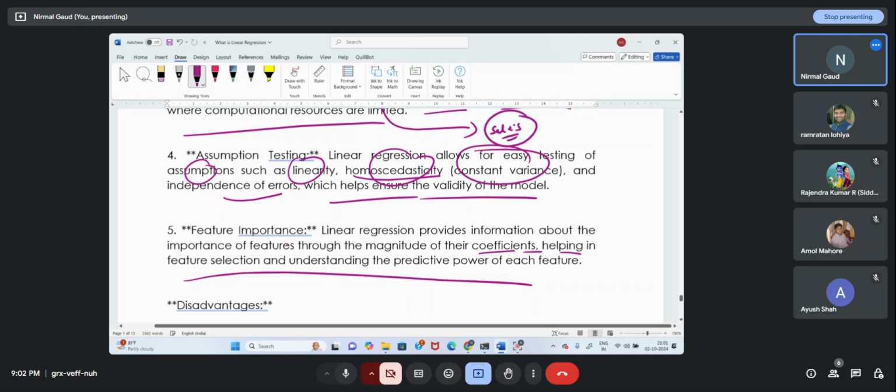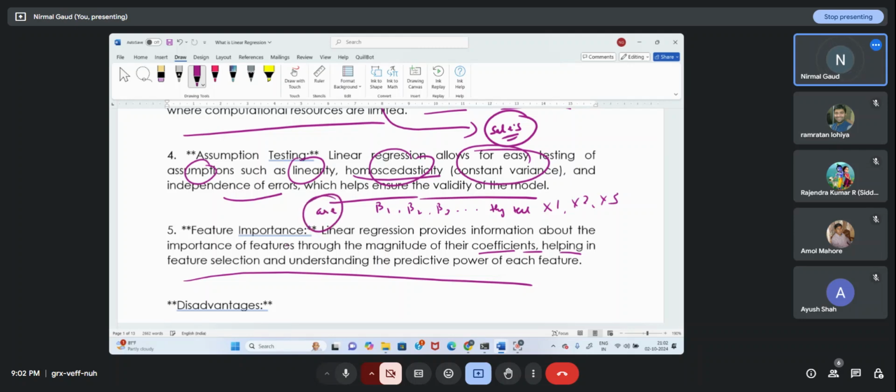So coefficients beta 1, beta 2, beta 3 tell how powerful x1, x2, x3 are. The magnitude of a coefficient tells you how important the features are for us, because these features are multiplied by the coefficients.